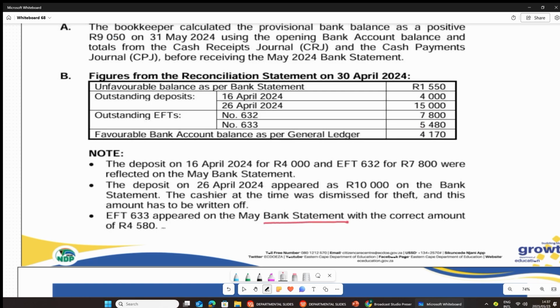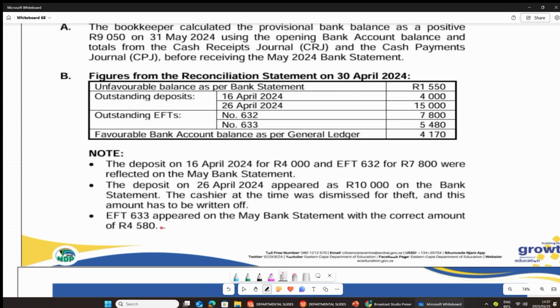It was last month outstanding. This month it's not outstanding, it is reflecting. However, it reflected with the correct amount of 4,580. Now what you have to do is you have to take this amount here, 5,480, you subtract it from this amount here of 4,580. You get the difference.